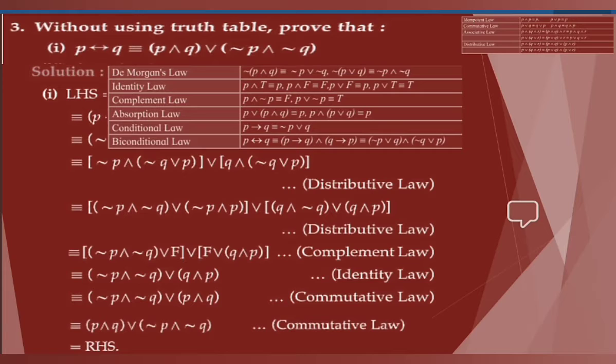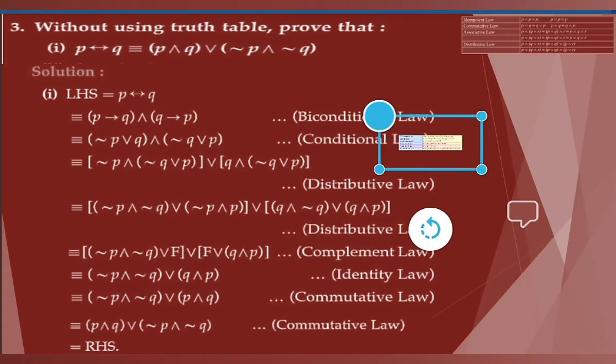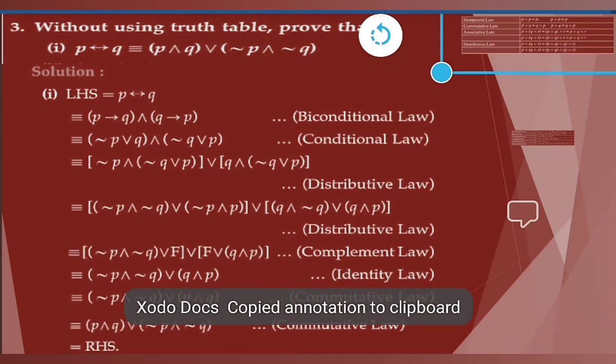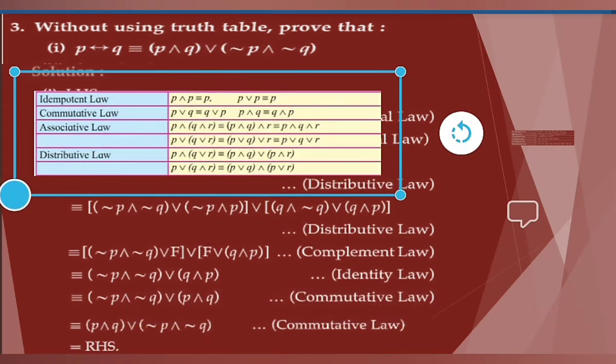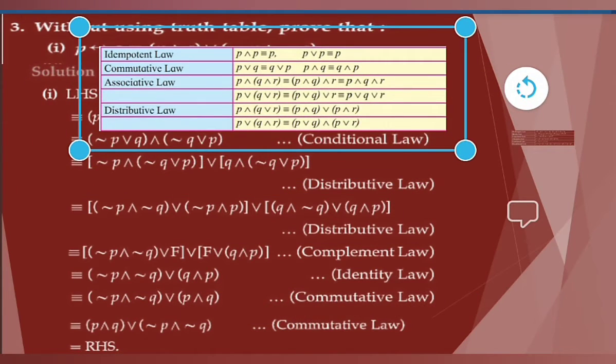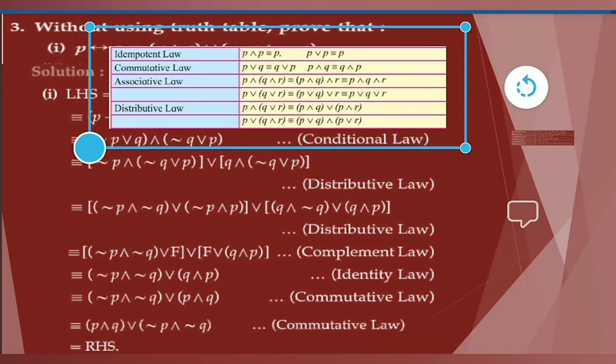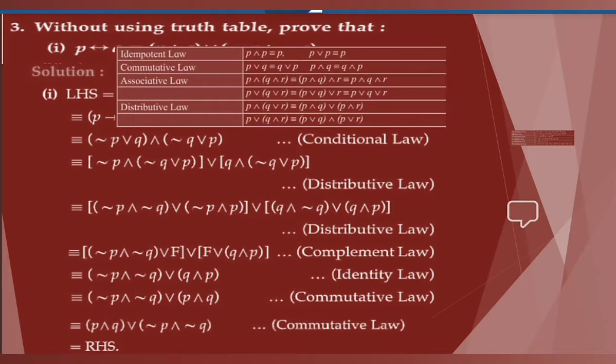Now again use the commutative law. Commutative law means, see in the table, P or Q is equivalent to Q or P, and P and Q is equivalent to Q and P. We apply this in this statement.